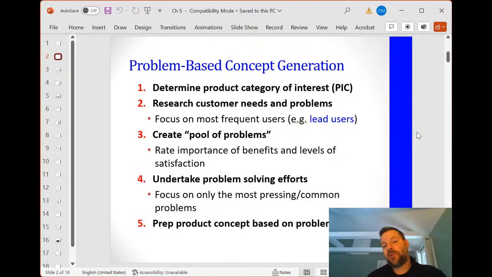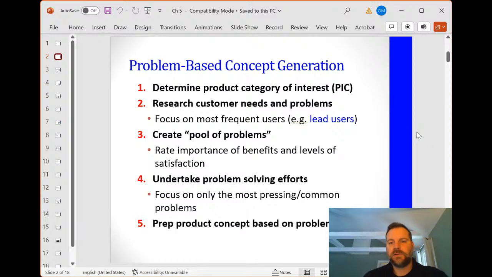So there's this idea of problem-based concept generation. There's a couple steps you can take, and some of this we've already sort of covered, but we'll continue on with some of these ideas in this chapter. First, create a PIC, a product innovation category of interest. Next, you're researching customers' needs and problems.